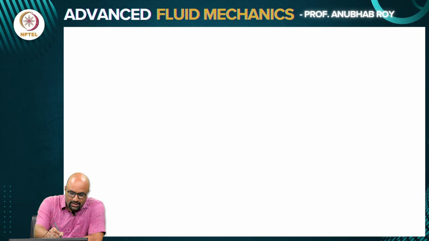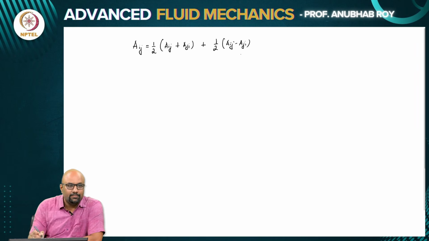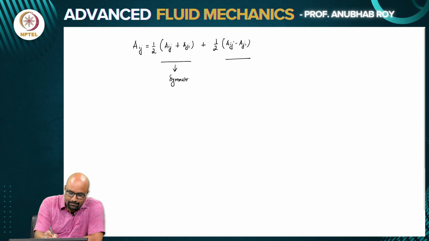So what we can do instead is take any arbitrary matrix, write it as aij, and split it as aij plus aji and aij minus aji, which means every tensor can be split into a part that is symmetric and a part that is antisymmetric.